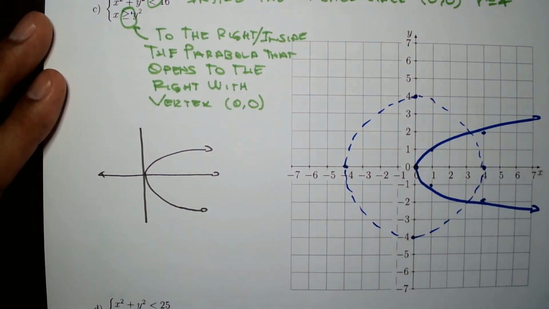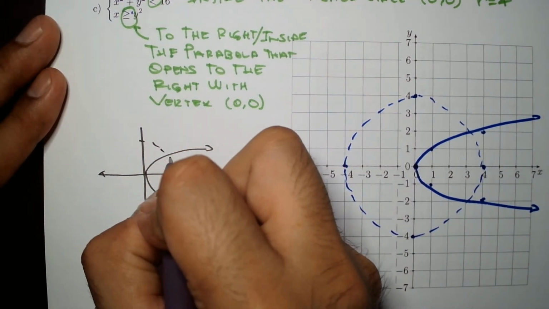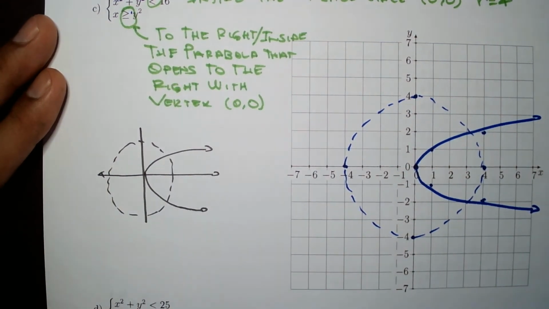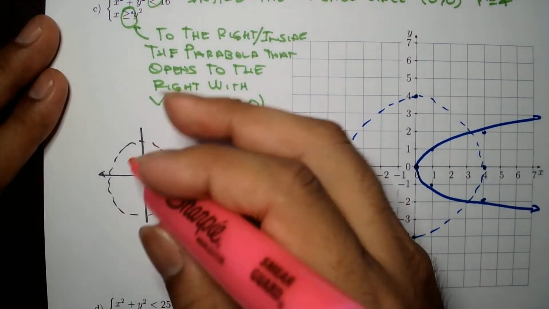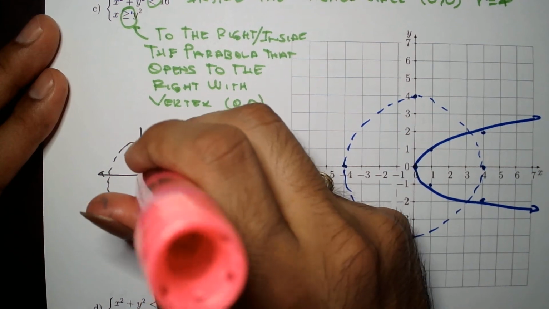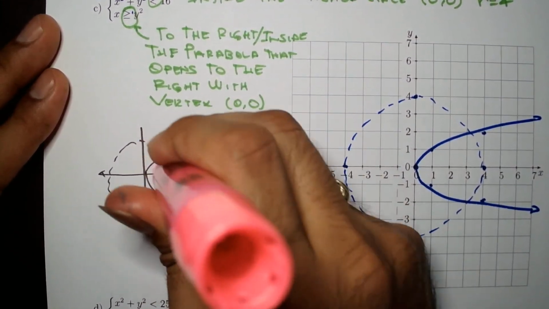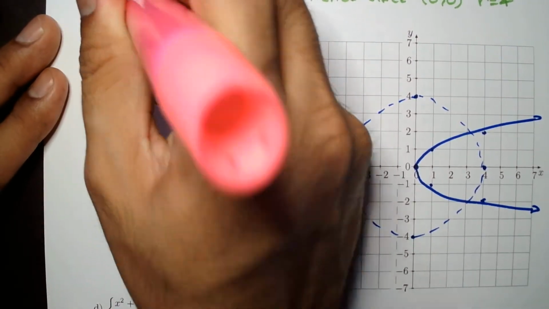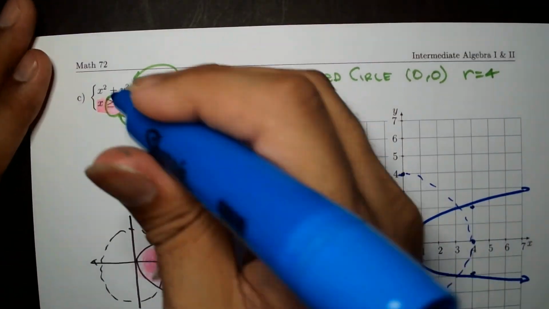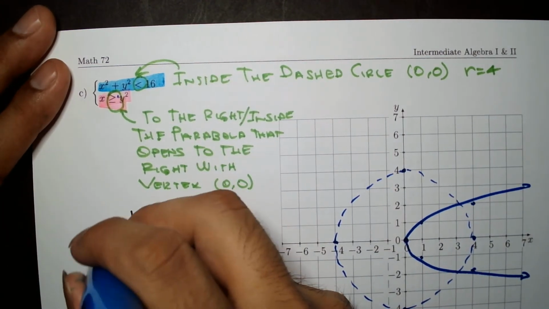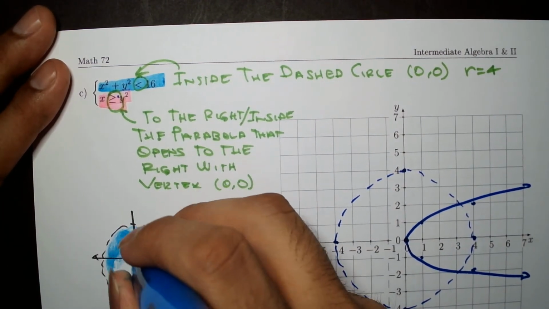And then let me just do the dashed circle. So it's going to be inside of the parabola, or to the right of the parabola, with pink, and in this case also inside of the circle. So inside of the circle, let's use blue here.